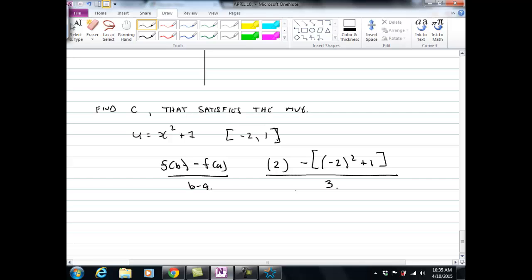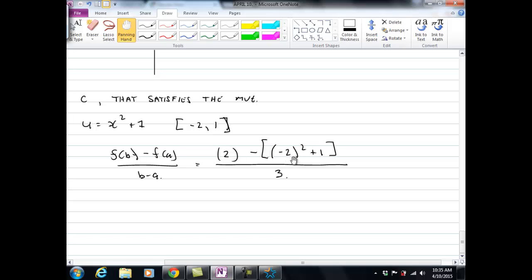I subbed in b here: 1 plus 1 is 2. So this becomes 4 plus 1 is 5. 2 minus 5 is -3. So this is -3 over 3, which means my slope is -1.